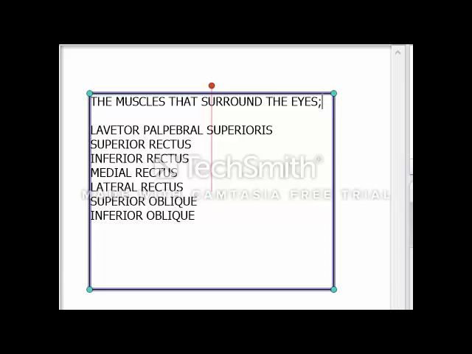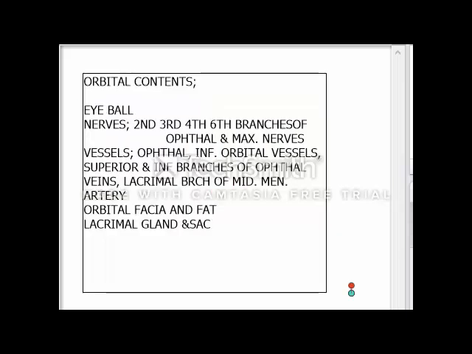We have the medial rectus that shifts the eye to the medial side, and the lateral rectus that shifts the eye to the lateral side. We have the superior oblique muscle that helps to rotate the eye from the inferior to the superior direction, and the inferior oblique, which helps to rotate the eye from the superior to the inferior direction.